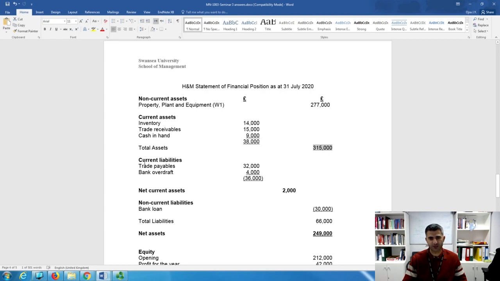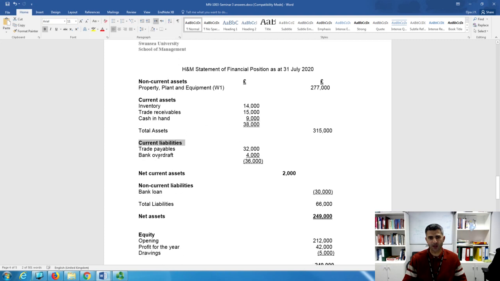Now let's jump to the liabilities. We start with current liabilities. In the question, if you remember, we have a trade payable, the creditor, and we also have the bank overdraft. The trade payable is 32,000, and the bank overdraft is 4,000. It's in the question again. Let's go back if you want to see it. Okay. £36,000 is the total current liabilities.